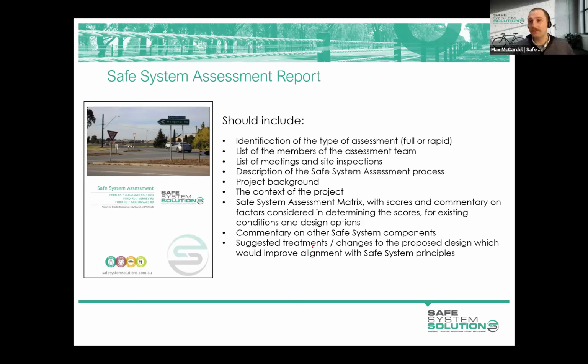You wouldn't say 0, because someone might need to stop there and change their tire, but you would certainly expect very low numbers. Conversely, if you're working at a signalized intersection where there's a KFC on one corner and Hungry Jack's on the other, I would expect high numbers of pedestrians. So you can make those assumptions, and you don't have to rely on actual figures.